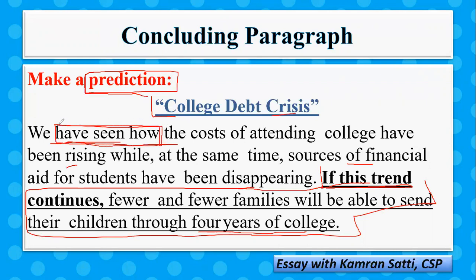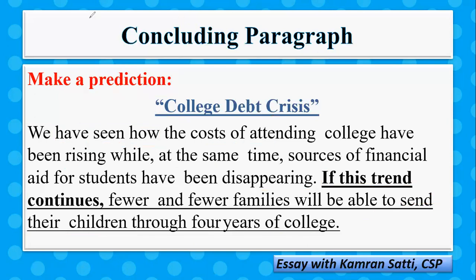We have already discussed these things, that is, the cost of attending college has been rising, and sources of financial aid for students have been disappearing. We have already discussed these factors at length in our essay, and on the basis of that, we're making a prediction. So this was the first approach to writing a concluding paragraph.